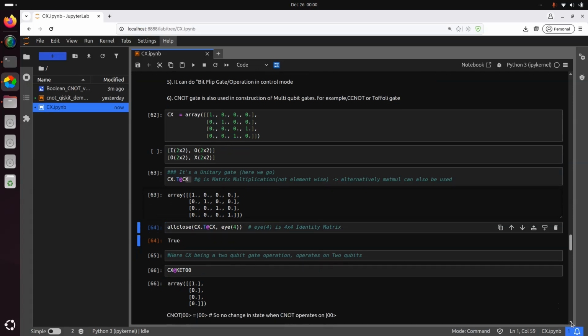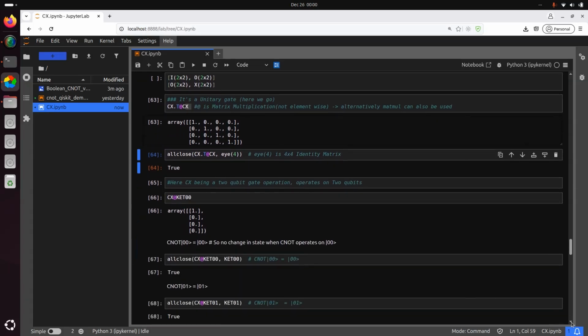Now let's operate the CX gate on 2 qubit states. As you know, it's a 2 qubit gate, so I cannot operate it on single qubits. Therefore, I had to construct 2 qubits and then operate the CX gate. So when I do the CX operation on state 0, 0, I'll end up with no change.